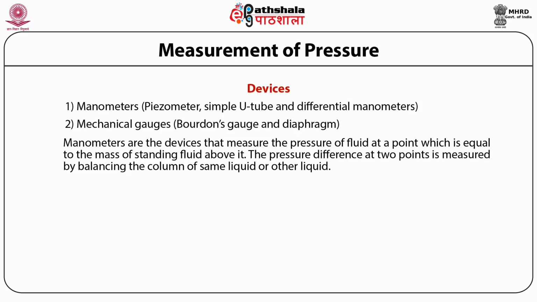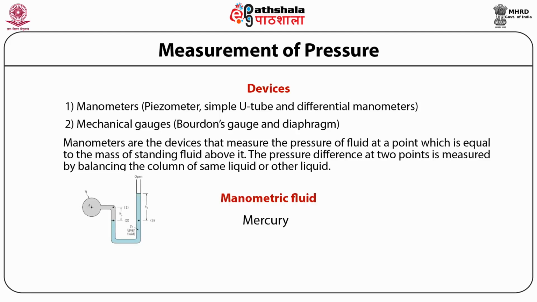The pressure in the fluid body is measured in terms of rise in height of fluid inside the tube. U-tube manometers use a different fluid as manometric fluid. Normally, mercury is used as manometric fluid. Why is that so? Because the density is very high, almost 13,600 kg per meter cube. So, huge pressure can be measured with a small displacement of manometric height.